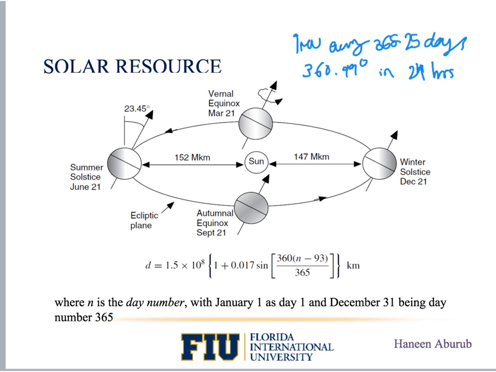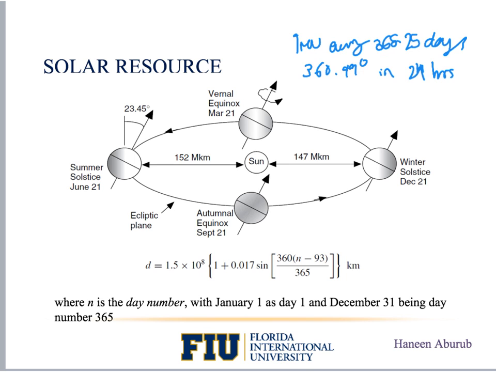Now the point at which the Earth is nearest the Sun occurs on January the 2nd. What is the distance between the Earth and the Sun at this point? It is around 145 million kilometers.